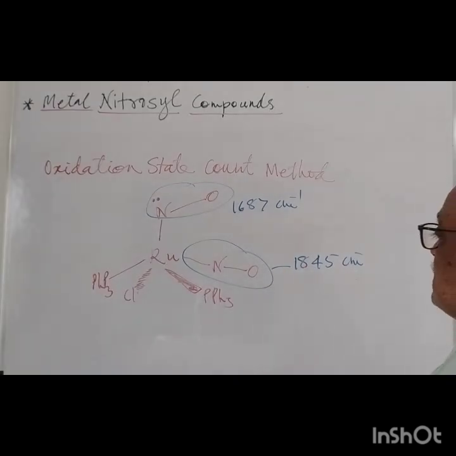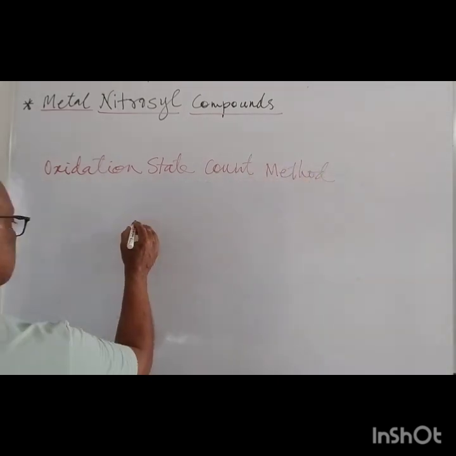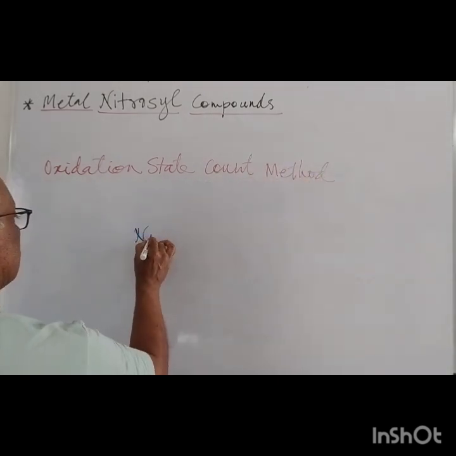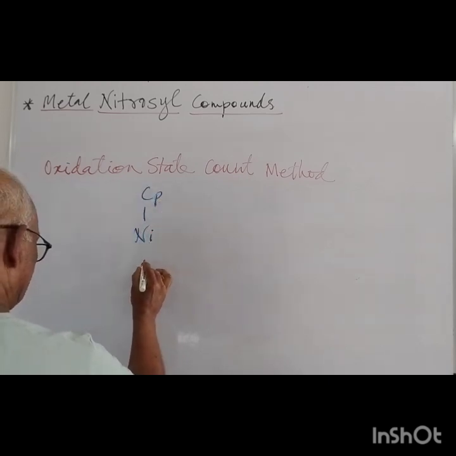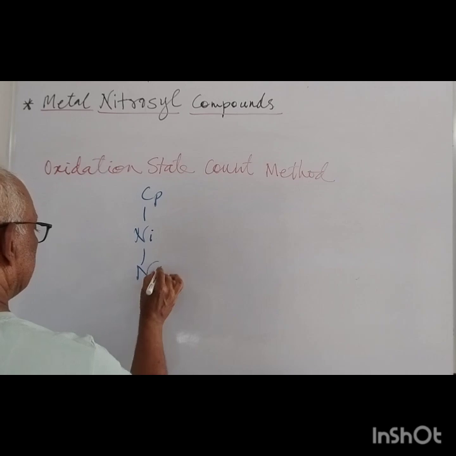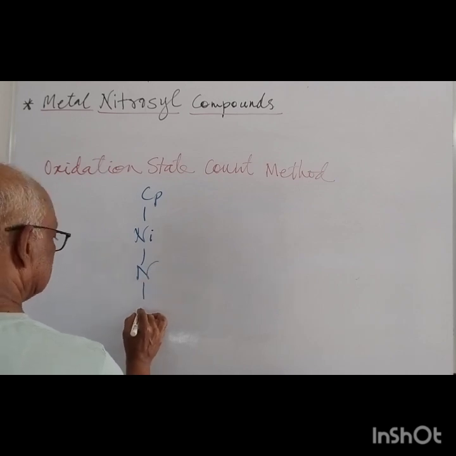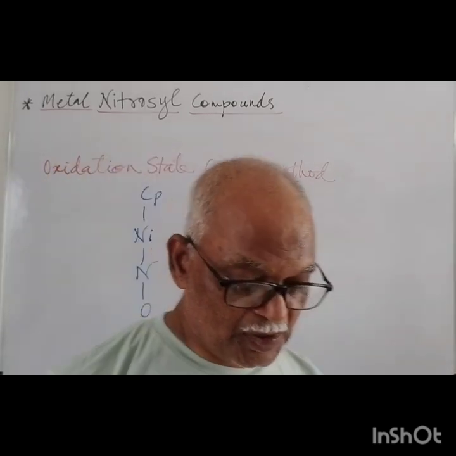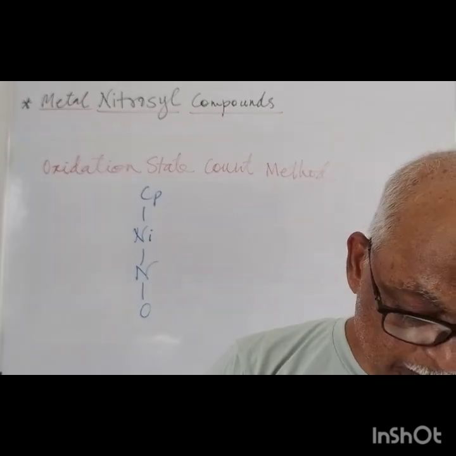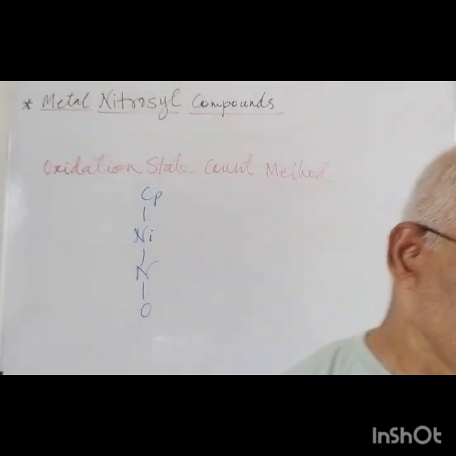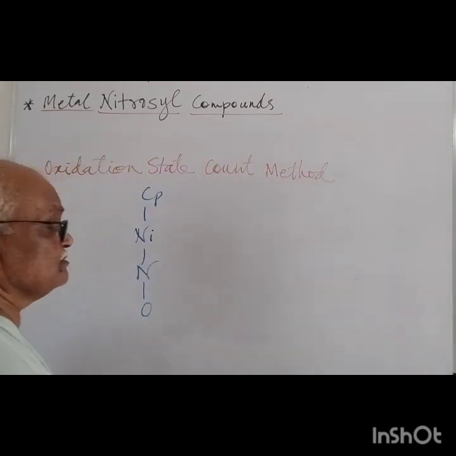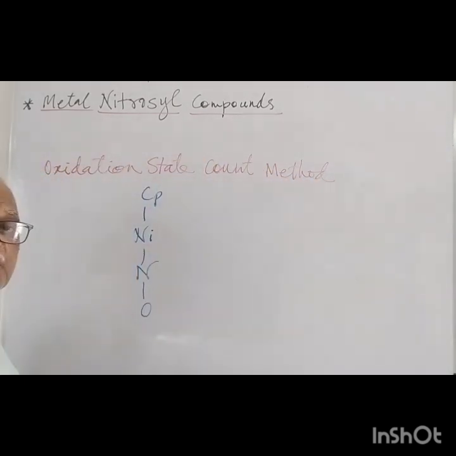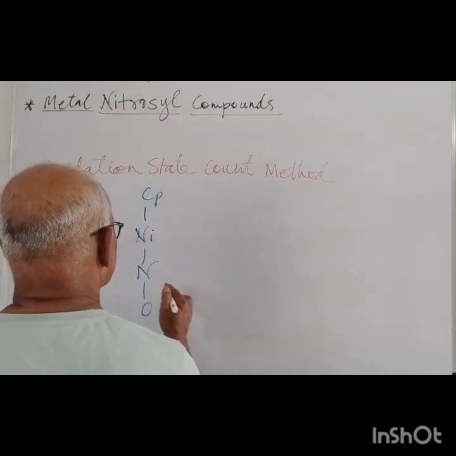Again we will see one more simple example, that is a nickel complex with cyclopentadiene and a nitrosyl group. Here also you will find that this nitrosyl group is the linear group and it shows absorption in a similar way as we have seen in the earlier pictures.